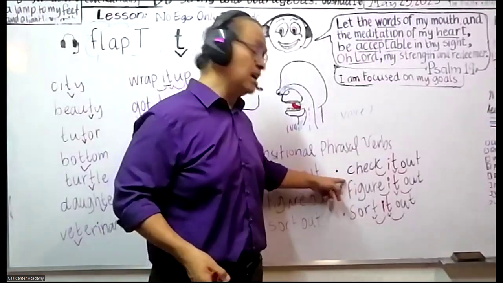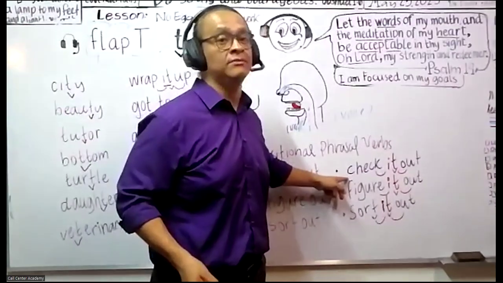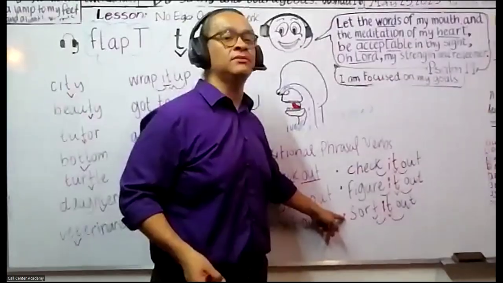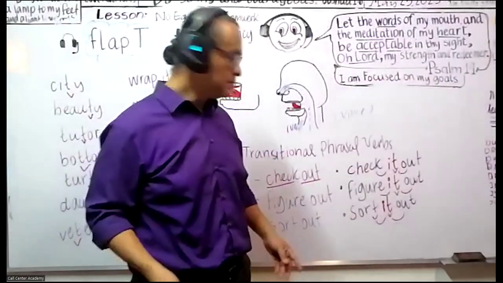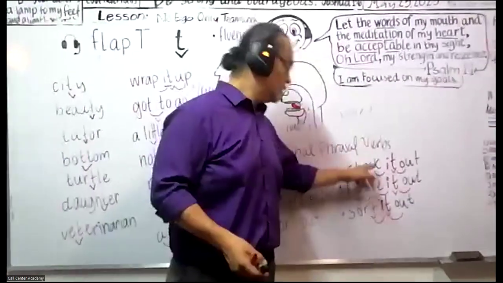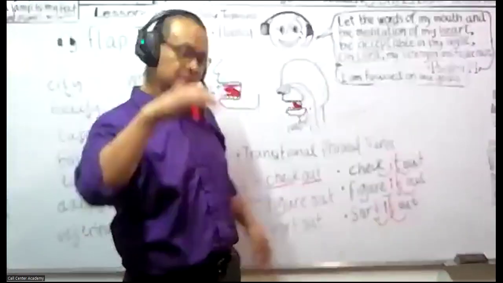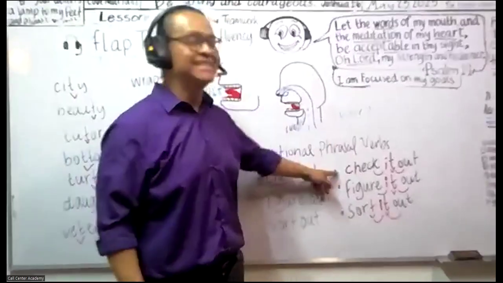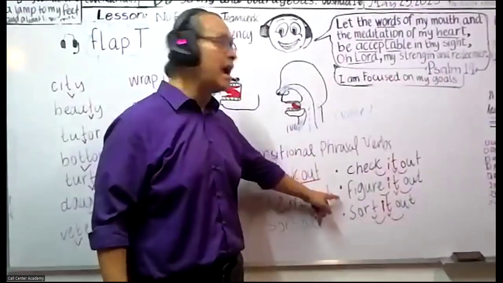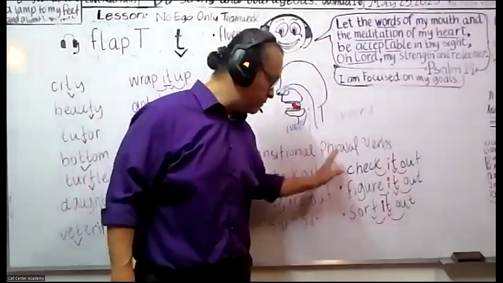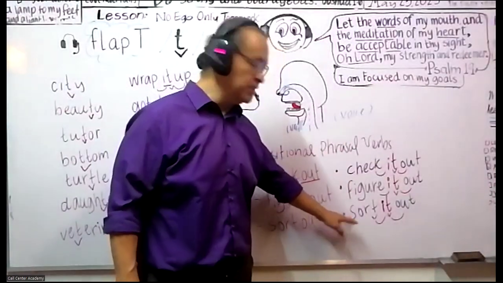People go check it out, figure it out, sort it out. What? That's not fluency. When you use the flap T, you're able to make the liaison. It sounds cool and smooth. Check it out. Figure it out. Sort it out. We're going to come back to this pronunciation in just a bit.